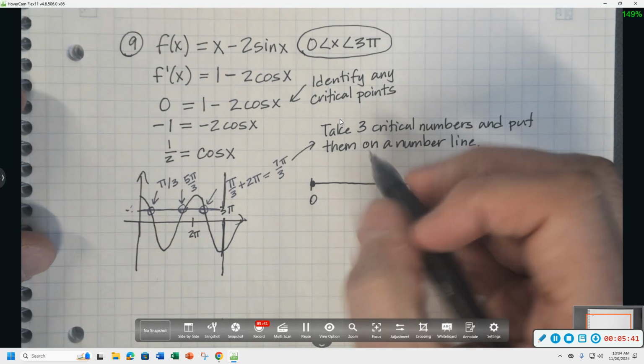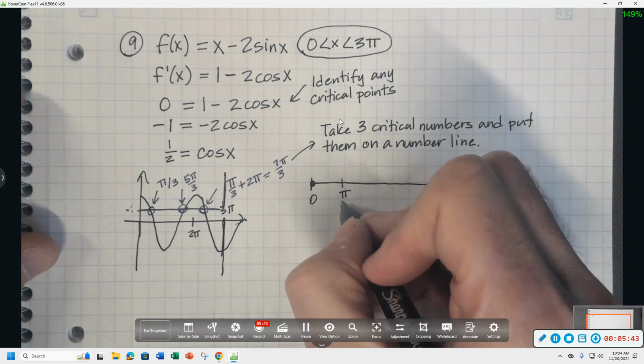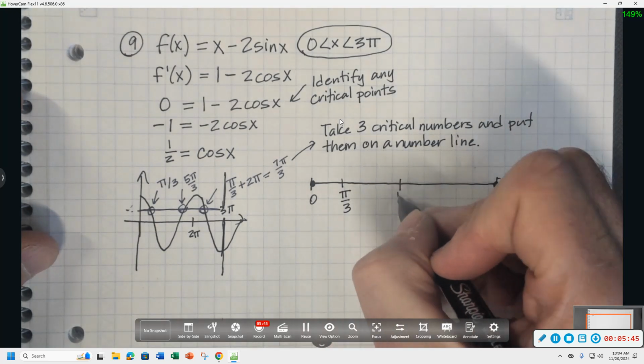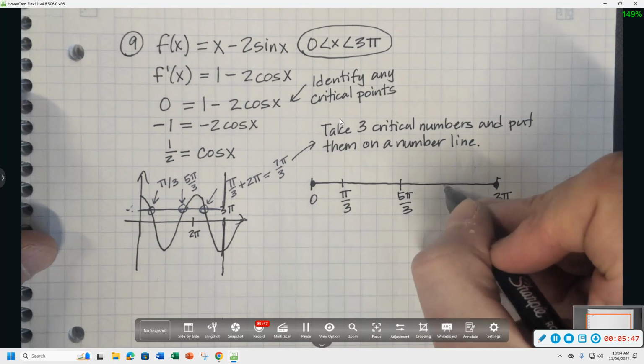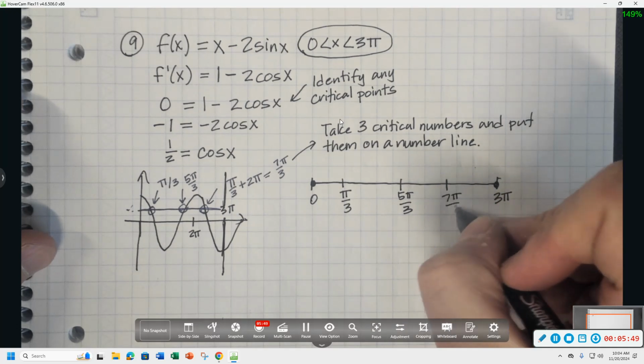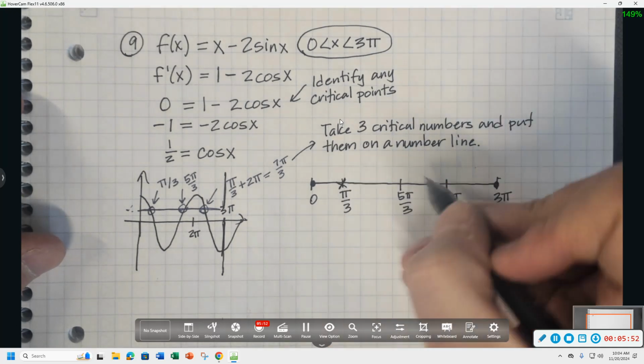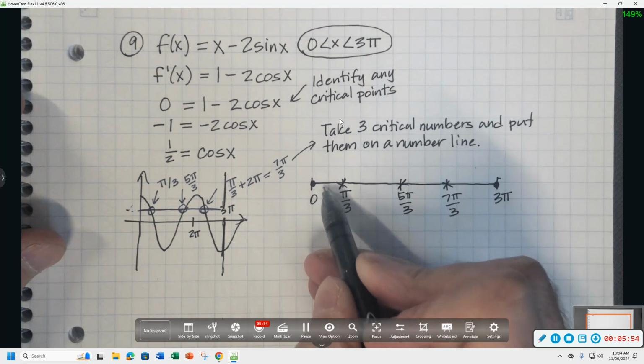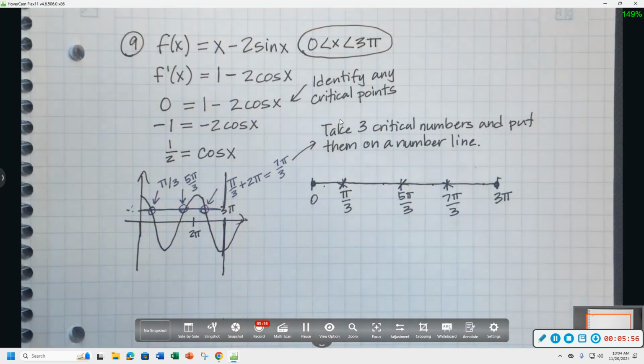So I've got pi over 3. I've got 5 pi over 3. I've got 7 pi over 3, not drawn to scale. So I have 1, 2, 3, 4 intervals to check, to see whether I have a positive interval or a negative interval.